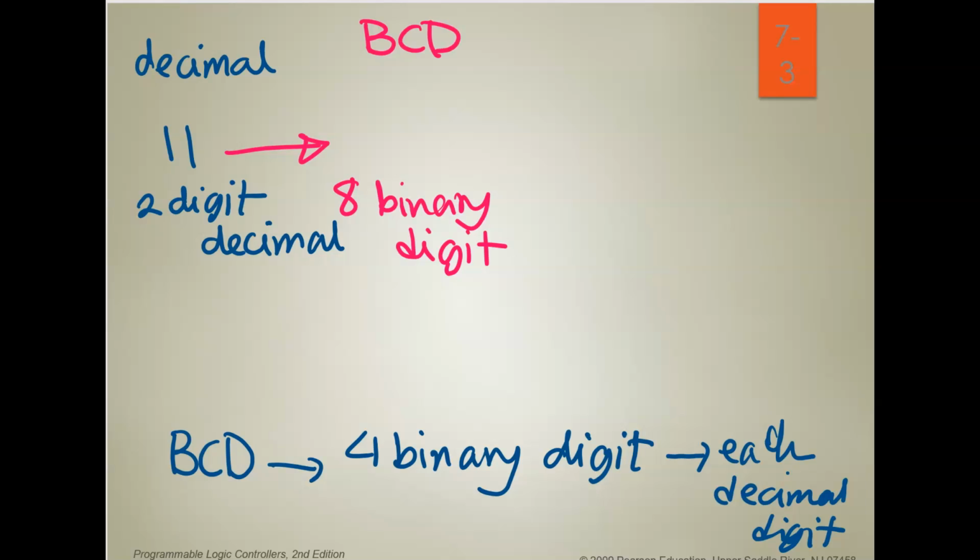So if I want to describe 11 in binary coded decimal system, that's going to be 0, 0, 0, 1. These 4 binary digit or bit describe the first digit here, and then I need another 4 binary bit to describe the second one. So I need another 0, 0, 0, 1, and that's the equivalent binary coded decimal number for 11 in decimal number system.